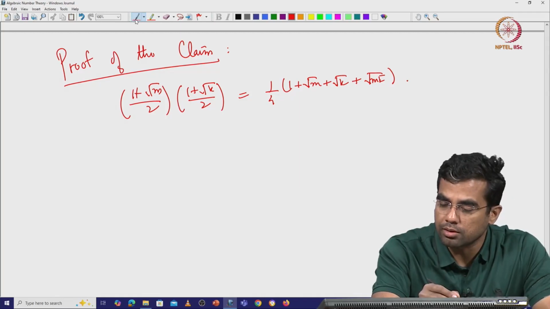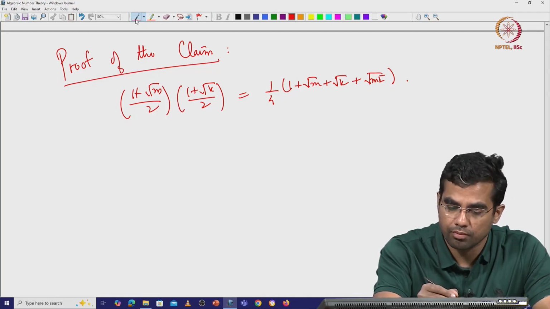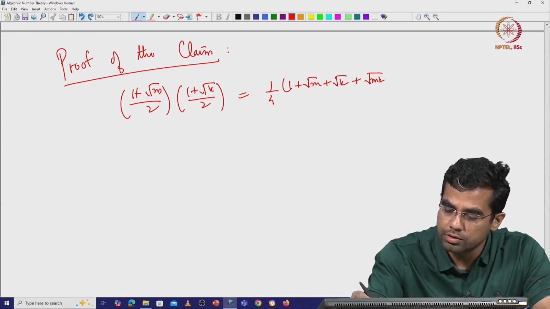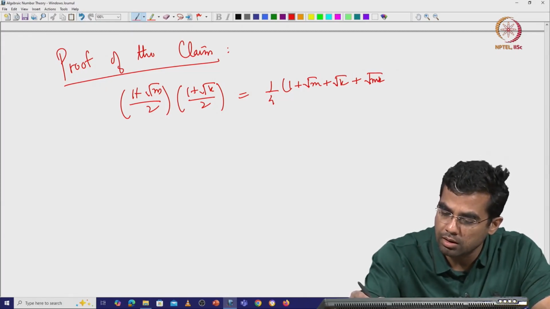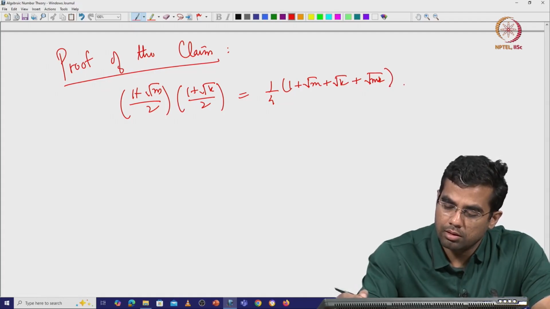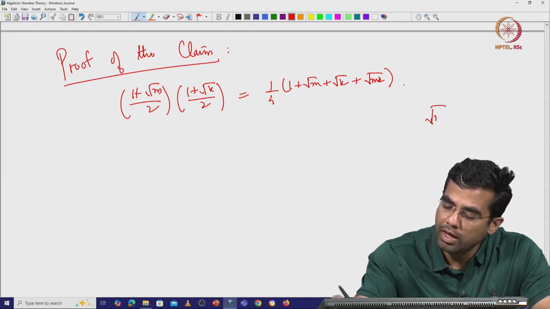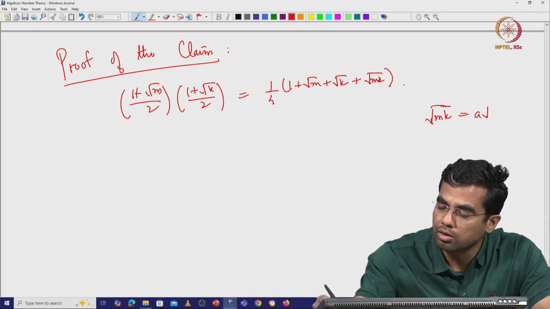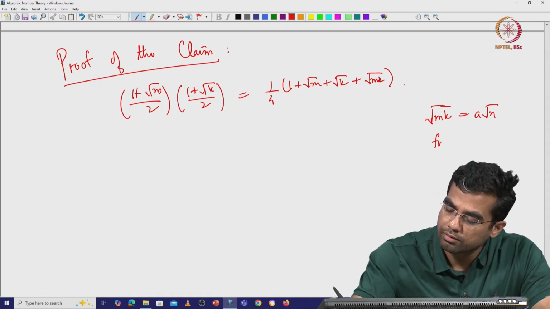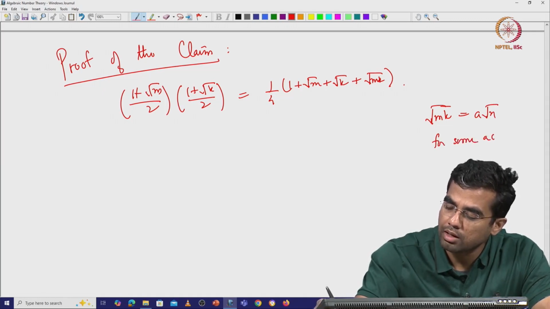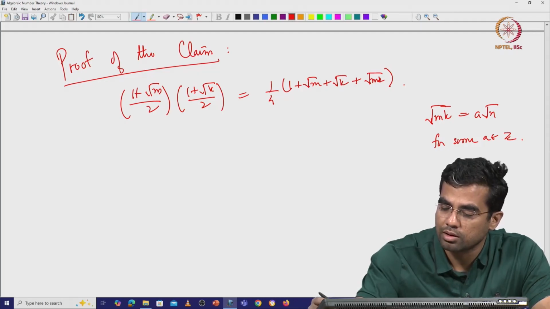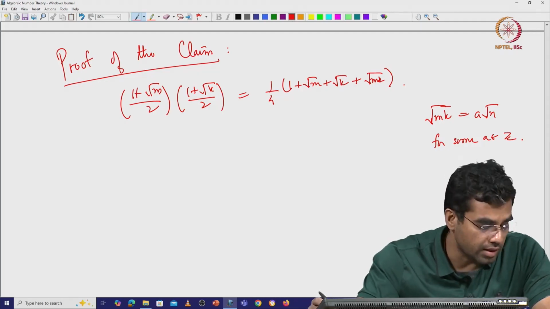And so, what is square root of m times k? Right. So, square root of m times k, this is some integer multiple of square root of n for some a in Z. Okay. That is how things are kind of set up.